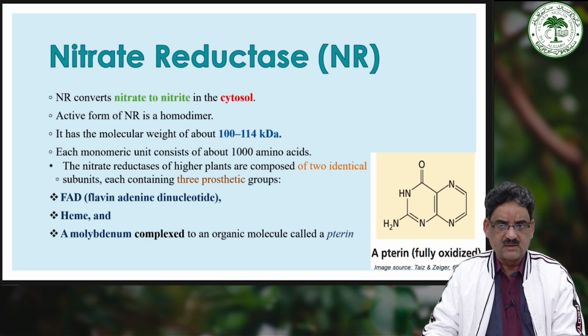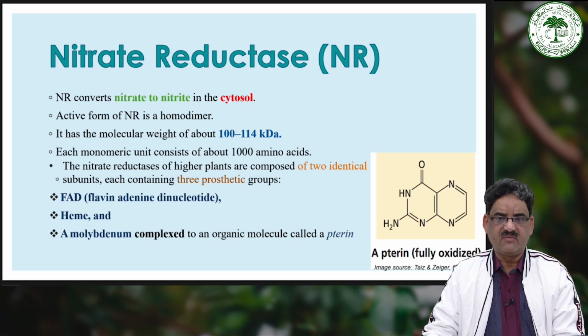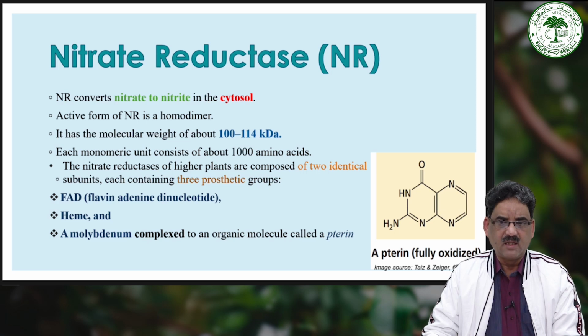These cofactors include the molybdenum cofactor, heme, and FAD. The N-terminal region of each monomeric unit binds to molybdenum cofactor, while the C-terminal region binds to FAD. The central region of each polypeptide unit is involved in complexing with heme I.